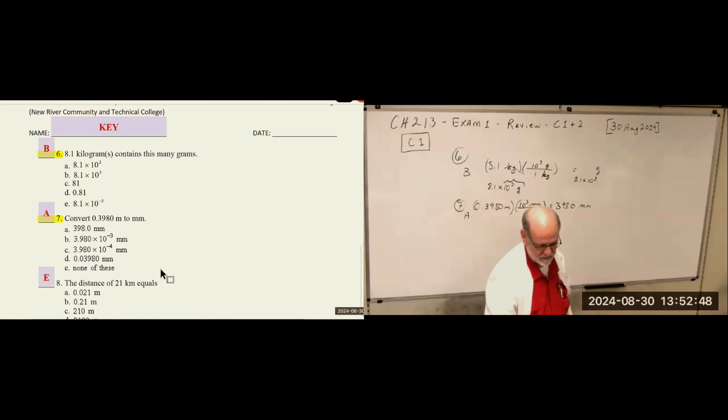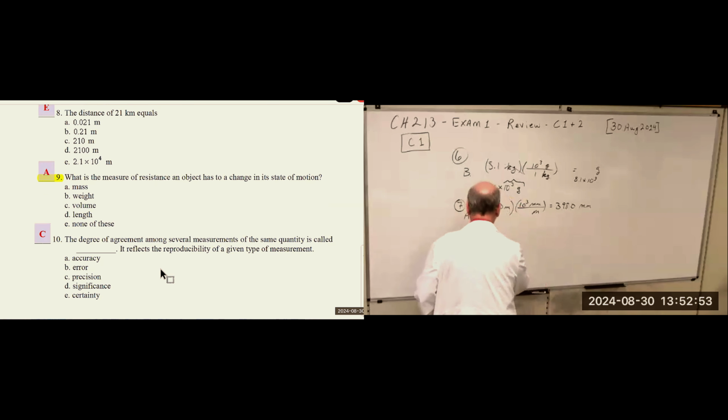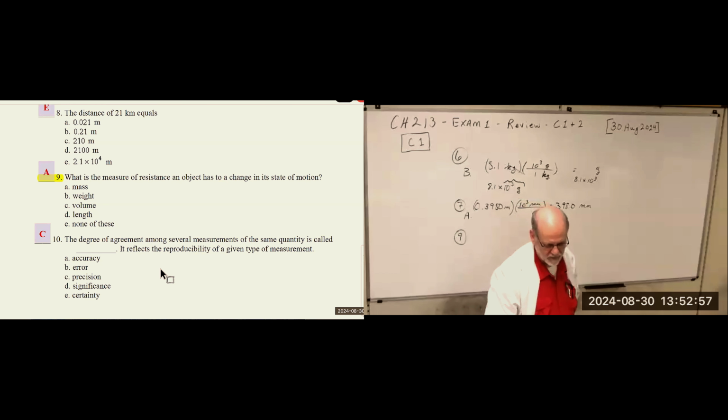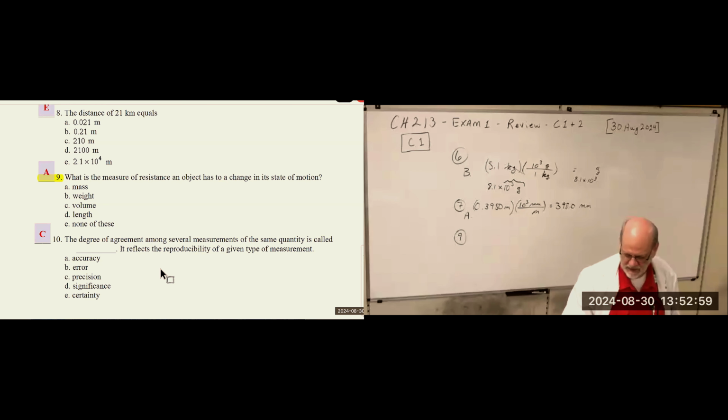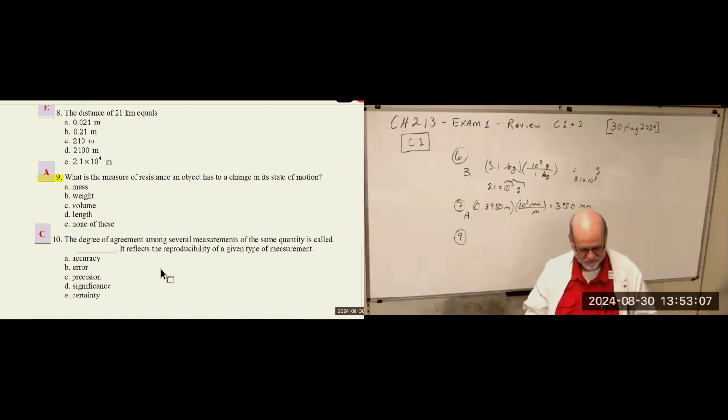All right. Number 9. What's the measure of resistance an object has to a change in its state of motion? Friction. Okay, suppose I give you a frictionless environment.